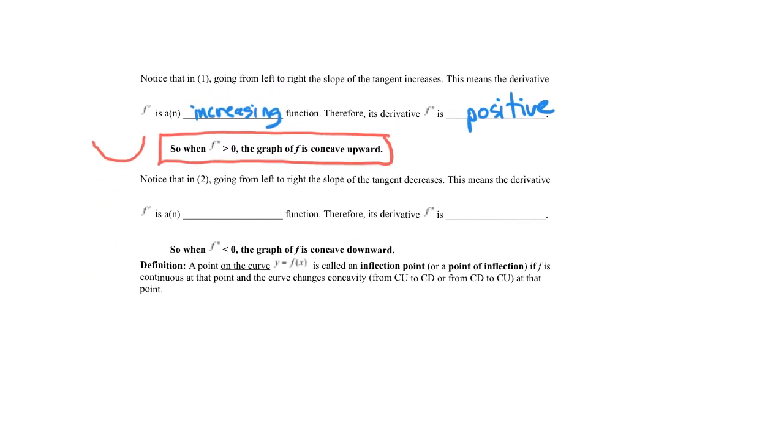So going from left to right, the slope of the tangent decreases. This means that the derivative, f prime, is a decreasing function. So if f prime is a decreasing function, then its derivative, f double prime, must be negative.